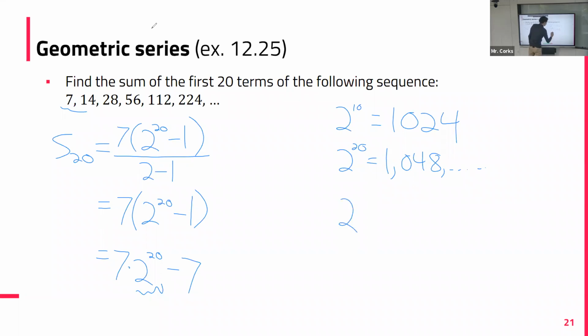And 2 to the exponent 30 is basically 1 billion and some more digits. So 1,000, 1 million, 1 billion. We're just adding 3 zeros each time it goes up by 10. So it's just a little pattern. I don't remember the exact number, but that general sense helps you remember it.